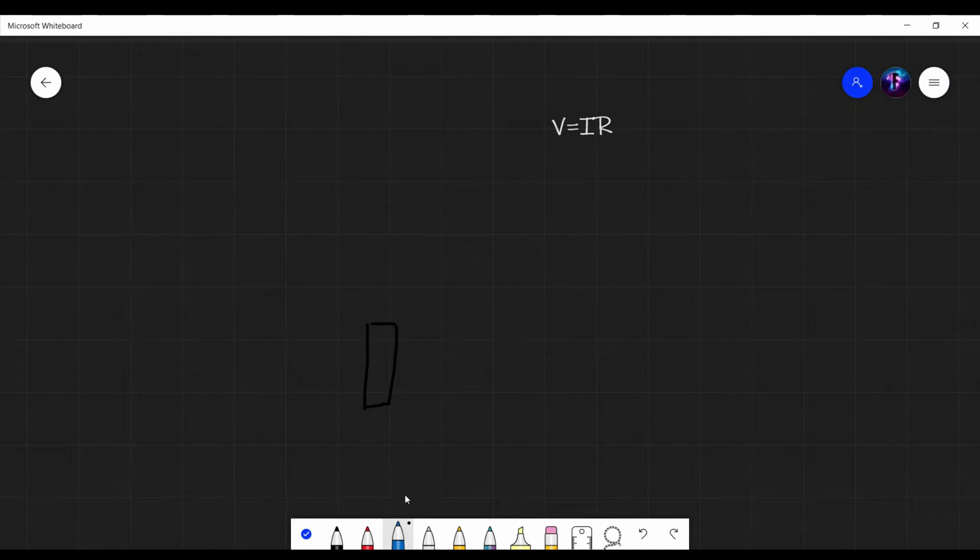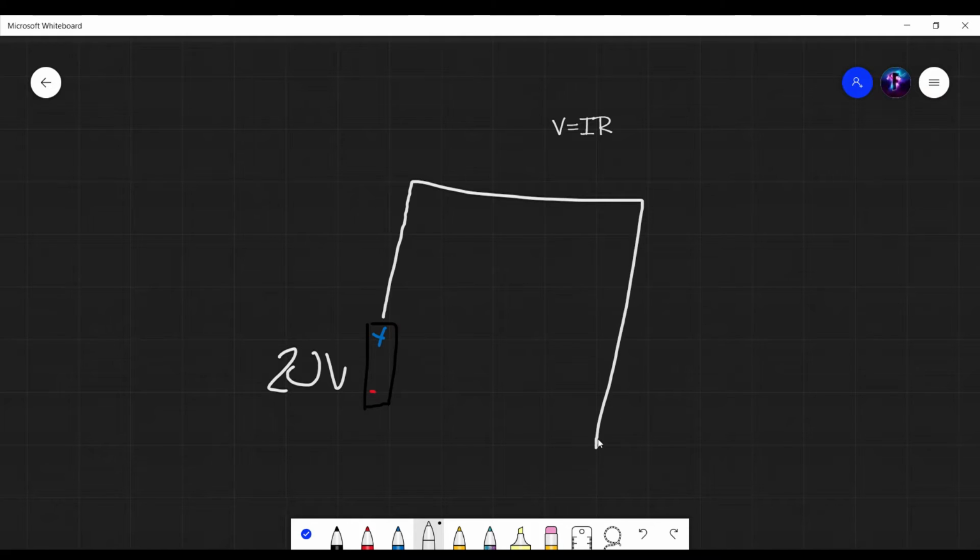Let's just say the voltage is around 20 volts. And we're gonna loop around here. It doesn't matter where the resistor is. It can be here, or here, or here, anywhere.